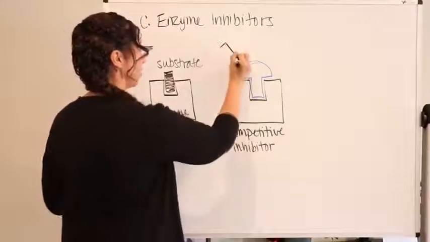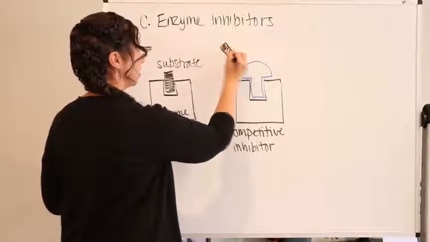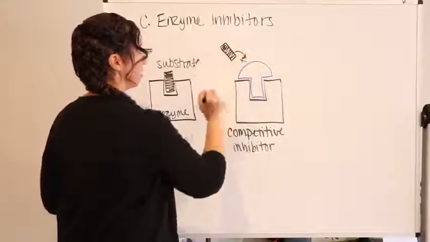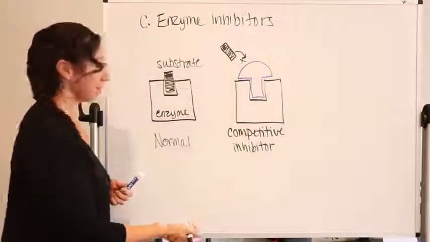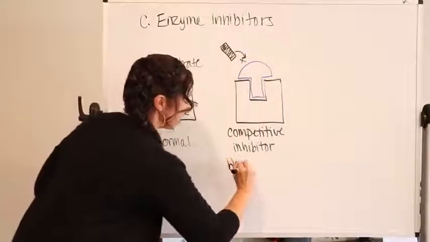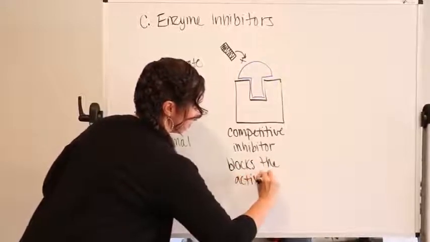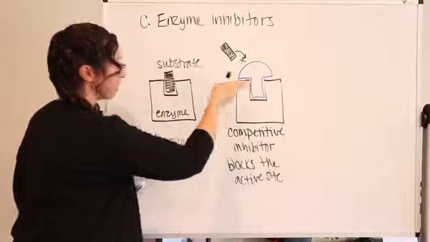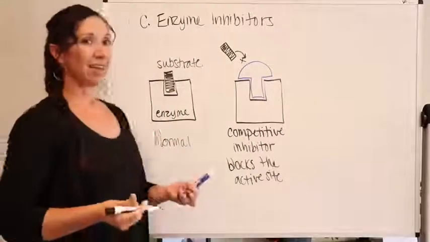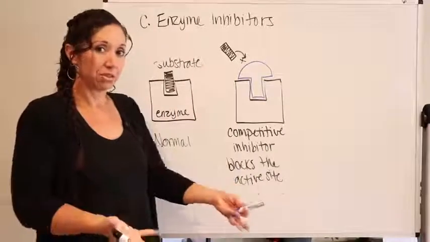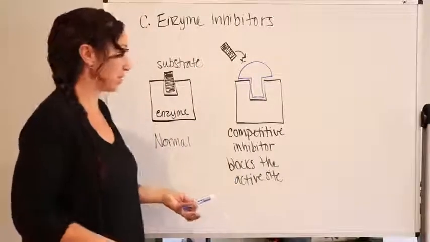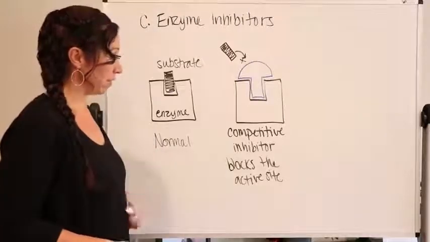And now this natural substrate that's out here, it can't get in because it's being blocked. So it blocks the active site. And if this substrate can't get in, it can't produce the products it needs to do its job. So you kill its function. So that's a competitive inhibitor.